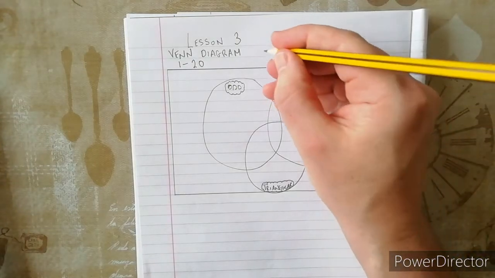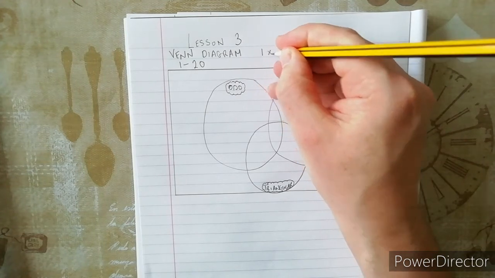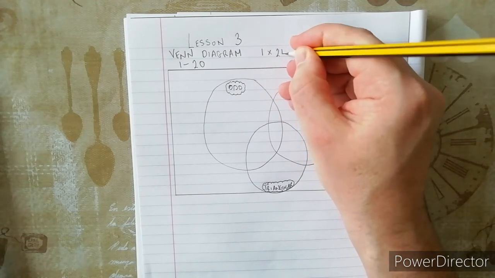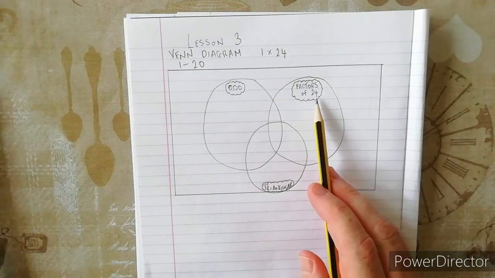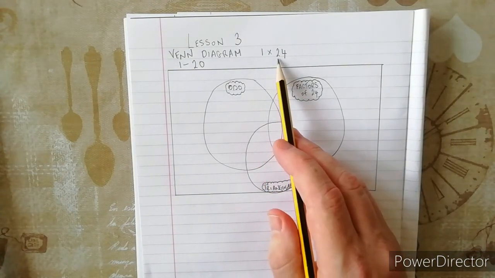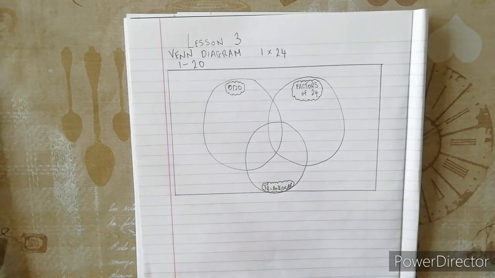So the first group of 2 is 1 times 24. 1 divides into 24 24 times. 24 divides into 24 1 time. The next group, I'm going to try 2 because I've done 1.